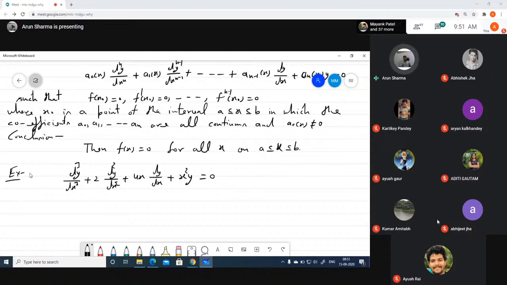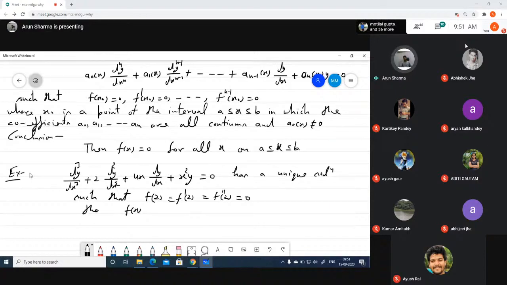It has a unique solution such that f(2) equals f dash 2 equals f double dash 2 equals 0. So this f(x) equals 0 for all x.